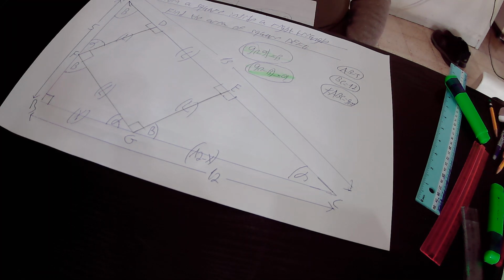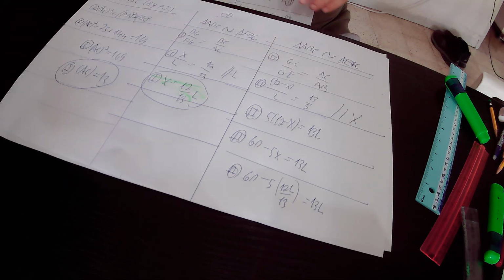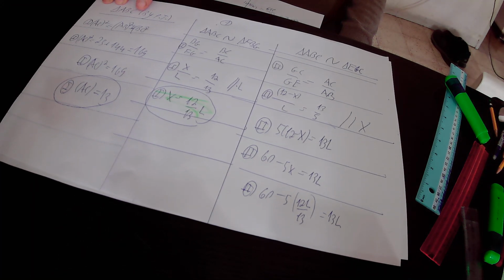According to the Pythagoras theorem, in any right triangle, the square of the hypotenuse equals the sum of the squares of the perpendiculars. The hypotenuse in the right triangle ABC is AC, therefore the square of the hypotenuse is AC square, and it must be equal to AB square plus BC square. And again, AC square equals AB square plus BC square.